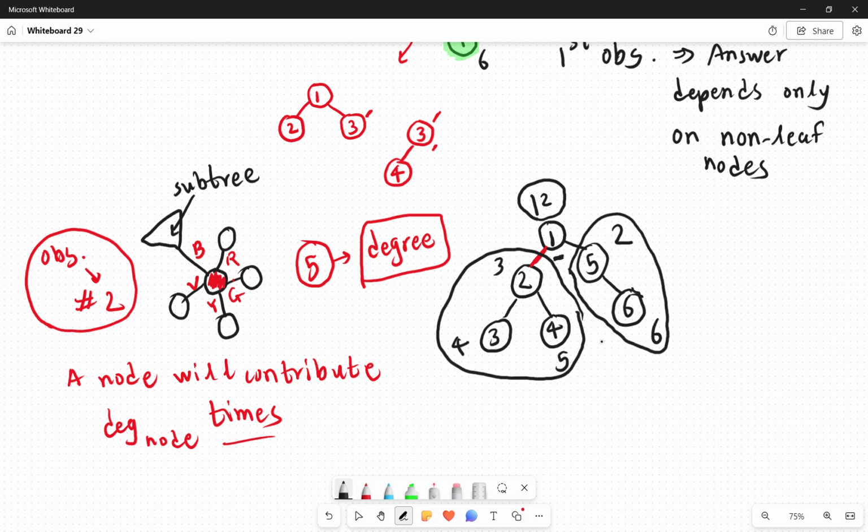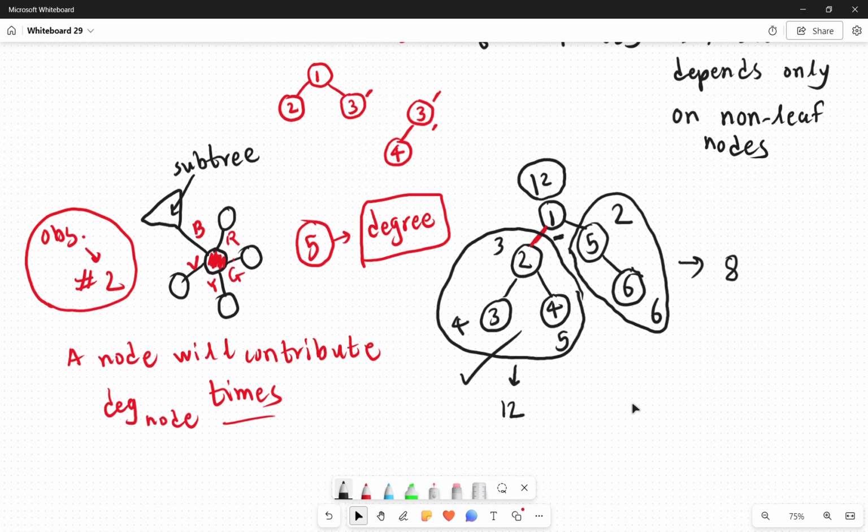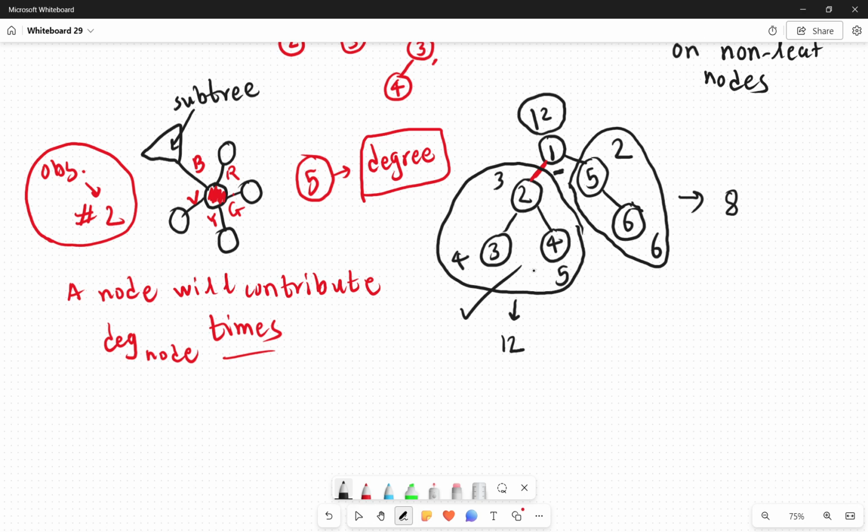To contribute to the K coloring, I will take this component, because its sum is 5 plus 4 plus 3, 12, and the sum of this is 8. So if I color it in this way, my answer will be 12 plus this 3 plus 12. This is the red component, and this thing is the black component and this thing is the black component.